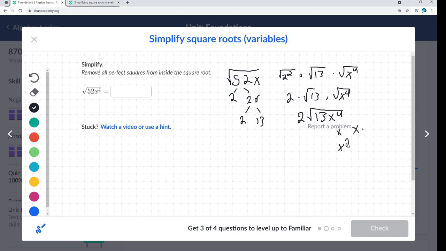So this is x times x. Oh gosh, I don't remember what they did. The variable's throwing me off. But I don't think we're supposed to leave it as x to the 4th power.